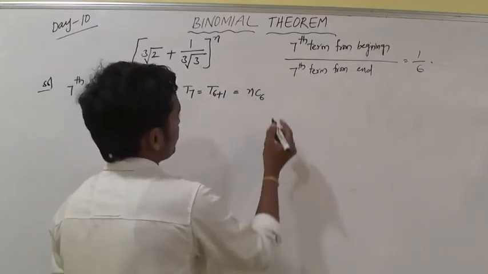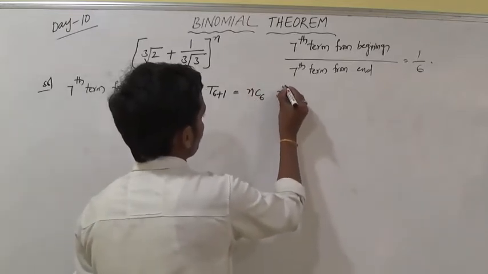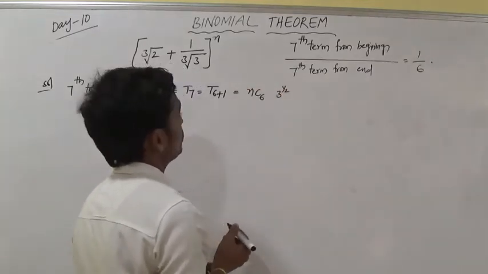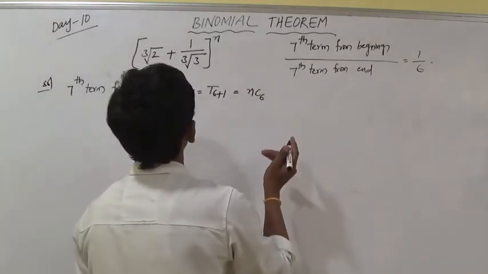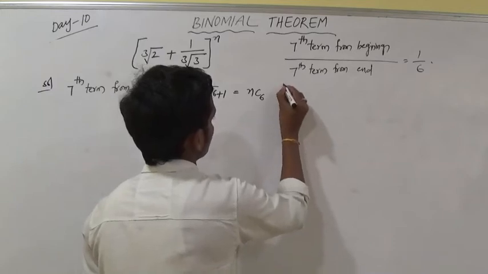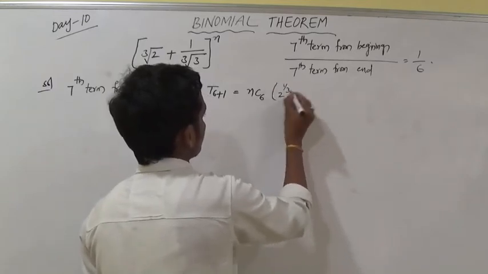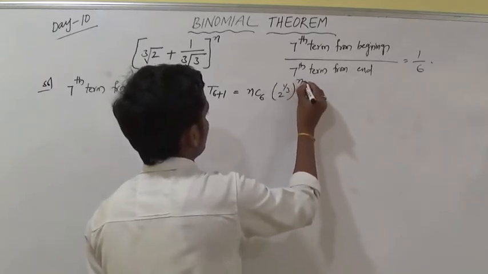x to the power of, I am writing 3 root 2, oh sorry, cube root of 2, as 2 power 1 by 3, whole power n minus 6.